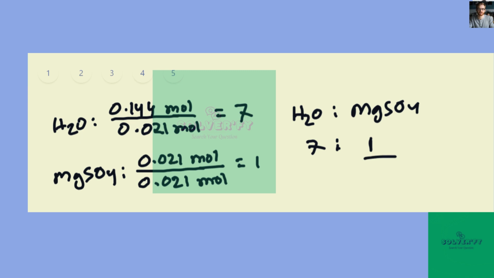That means for 1 mole of magnesium sulfate we will have 7 moles of H2O, and this is the value of x, as we know that x is the number of moles of H2O present per mole of magnesium sulfate. That means the value of x is 7.